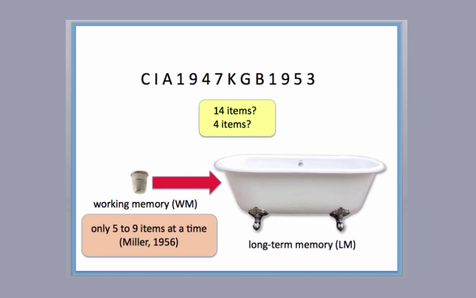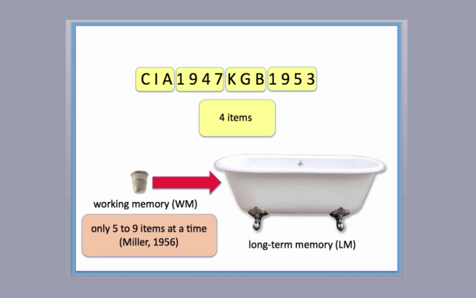And here's why. Some of you, I suspect, instantly recognized that the 14 letters and numbers here were not a random scramble of letters and numbers. Rather, we have 2 years, 1947 and 1953, and 2 names of spy agencies, the U.S. intelligence agency, the CIA, and the old Russian intelligence agency, the KGB.